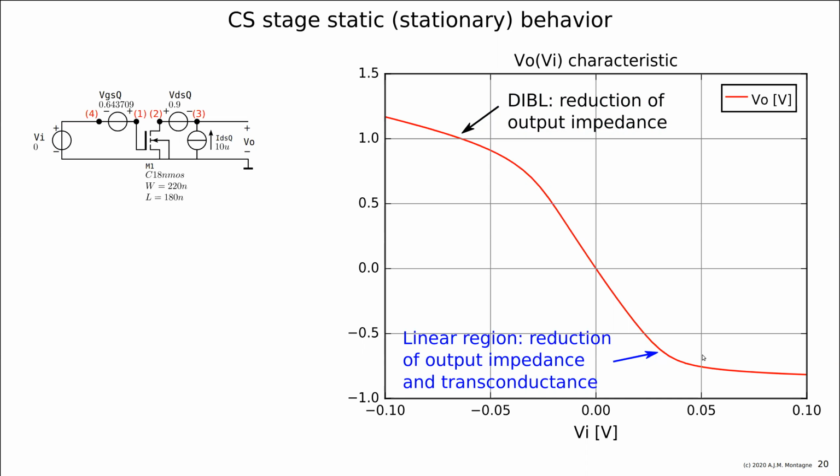And then you also have this flattening of this curve. So here we have a lot of voltage gain. Here it is less because of the left side. It is less because of drain-induced barrier lowering, and at the right side it is saturating to the output voltage because of the linear region.